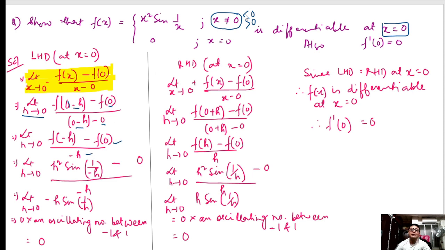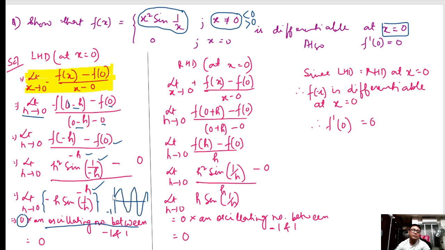Now less than 0 is this function. So here, in place of x I will put minus h. So this is this. So there is a minus h. Please watch. If I put 0 here, that means it is 0 into, please watch, this is an oscillating function between minus 1 and plus 1.